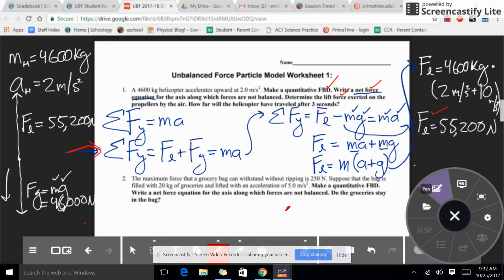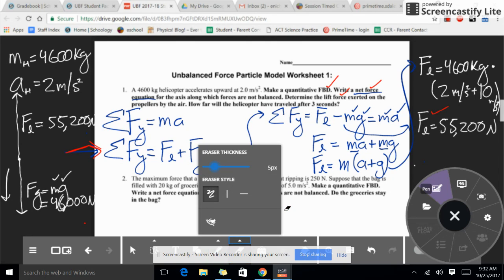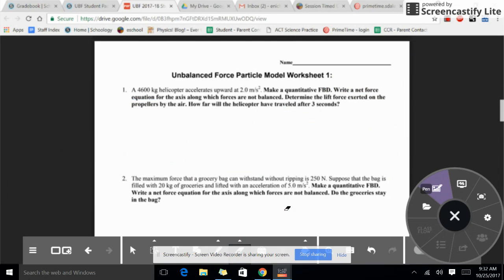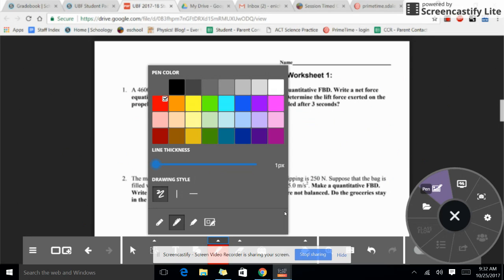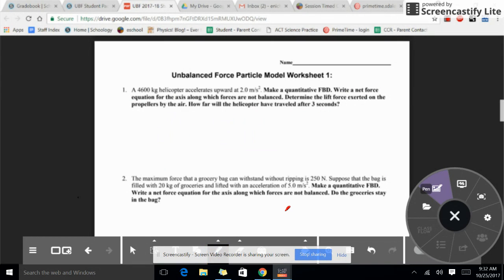And for that, let's wipe away everything we have over here and draw ourselves a nice little velocity time graph so that we don't mess this up. So velocity time, because as we know, the area under the curve is going to be our displacement.